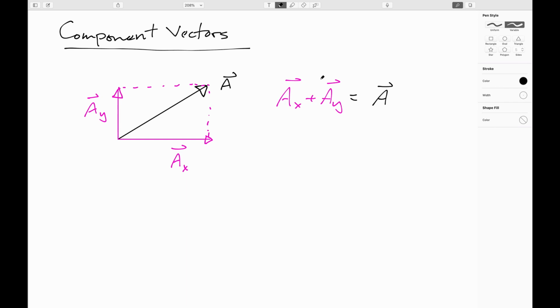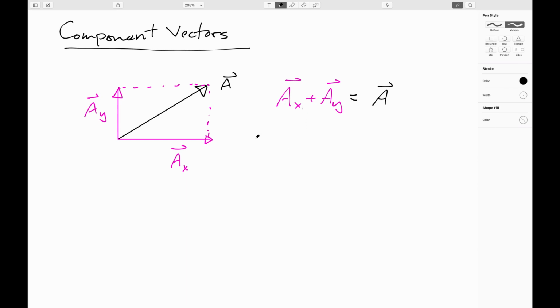You need four tires and stuff like that. It's the same kind of deal here. These two vectors, if I put them together, make the vector I'm interested in.